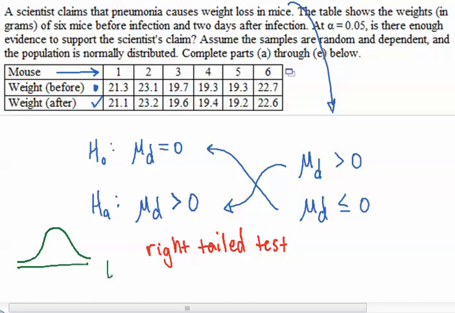It's going to be a t-distribution because we don't have population parameters. We have sample statistics. We're going to be considering the rejection region over here. It's going to be at a 5% level of significance. If we fall in the rejection region, then we will reject the null, and so on.